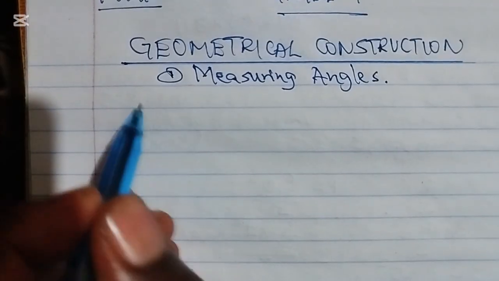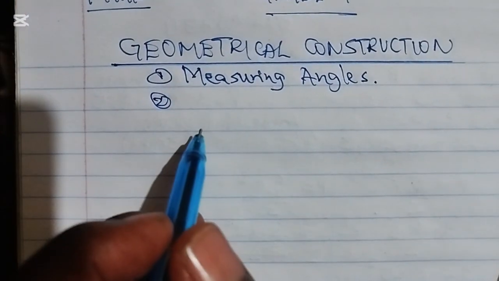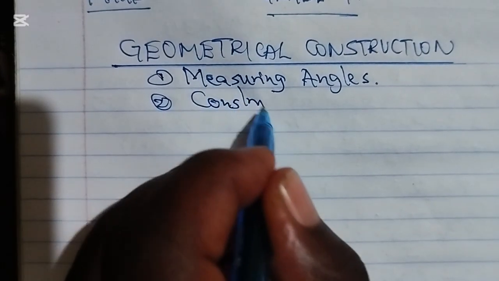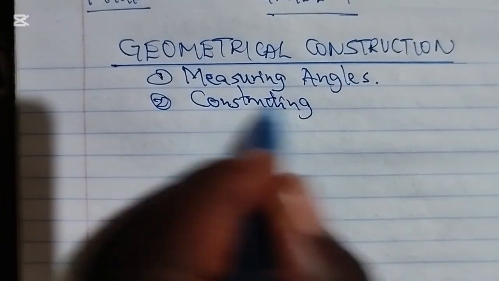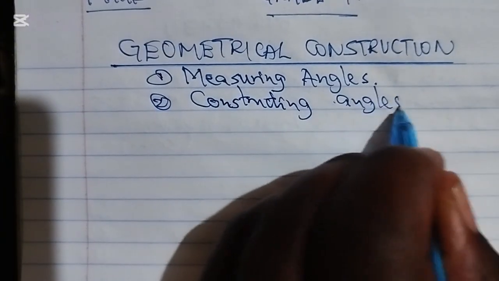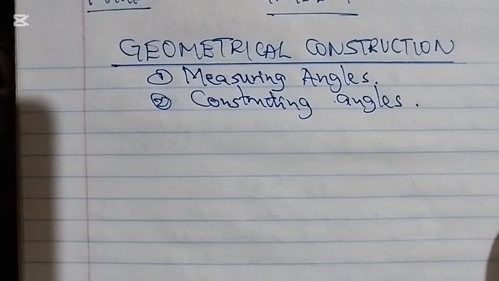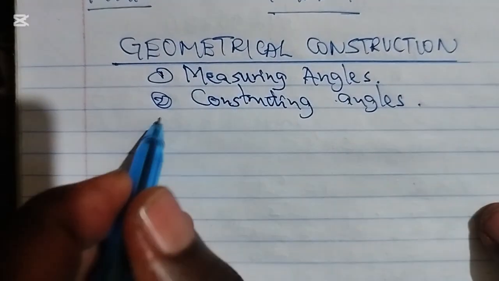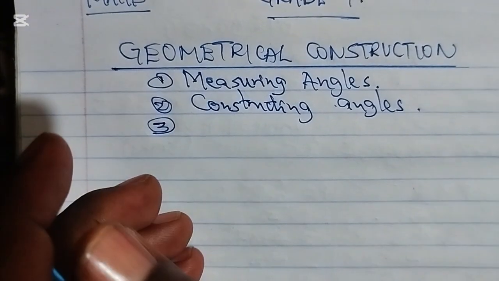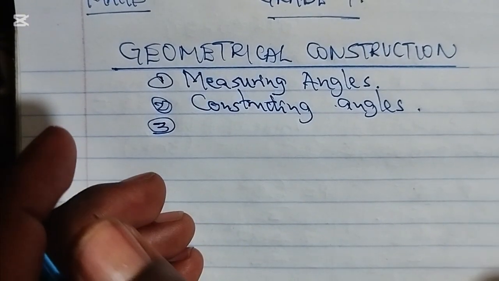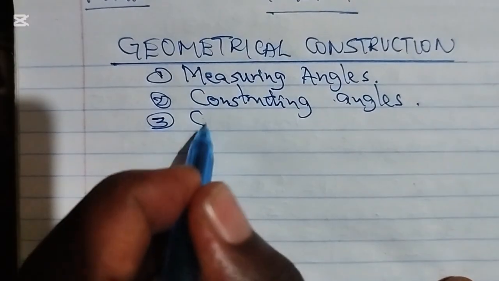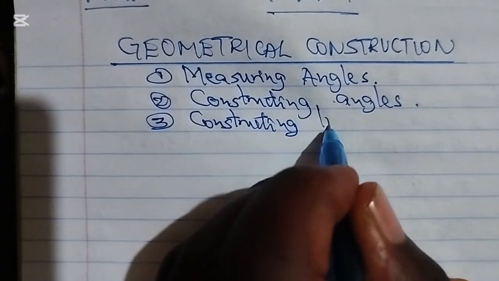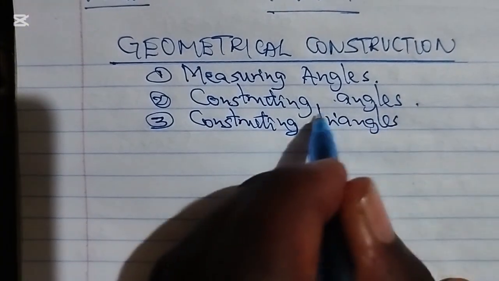Item number 2 we are going to learn is constructing angles. Number 3, we are also going to look at constructing triangles.